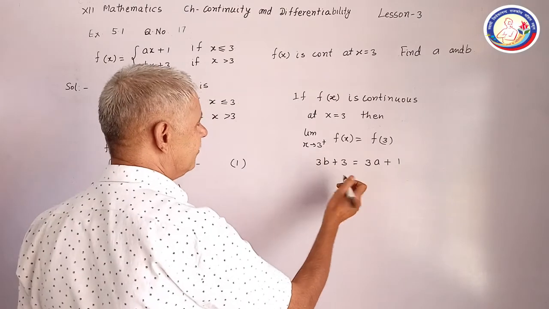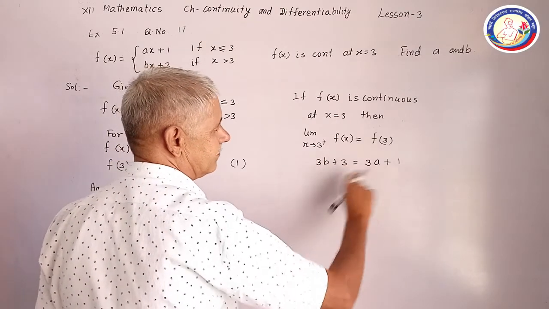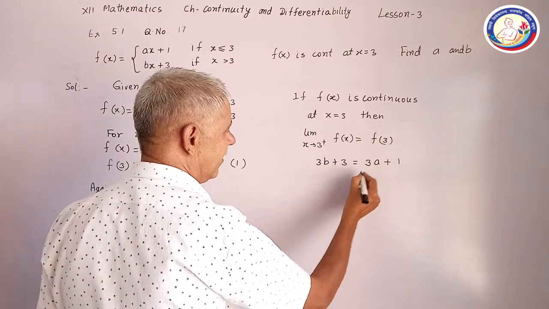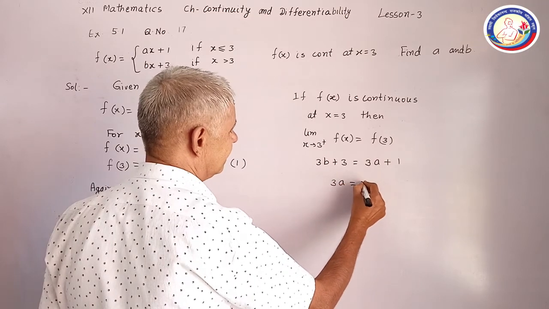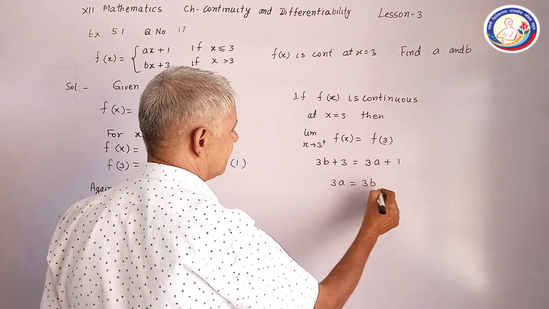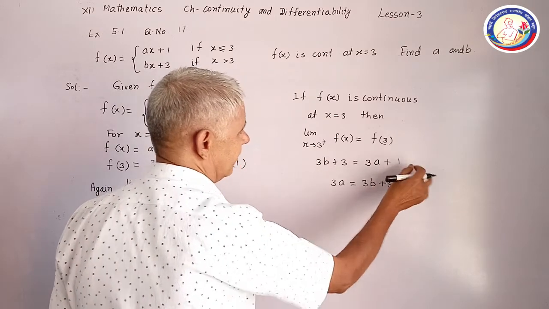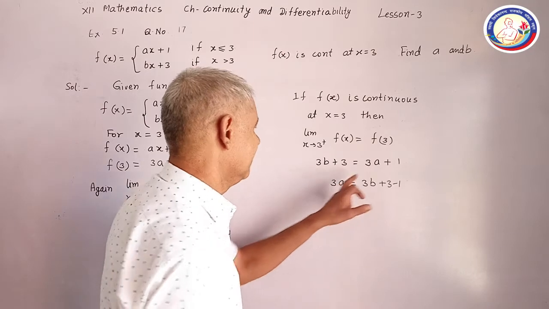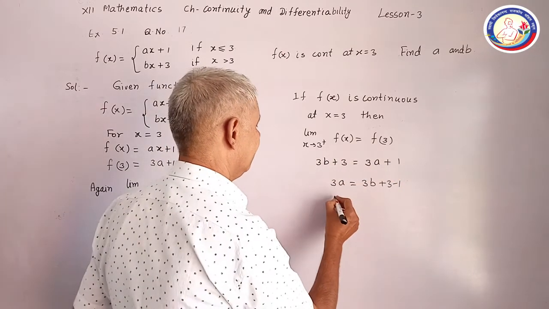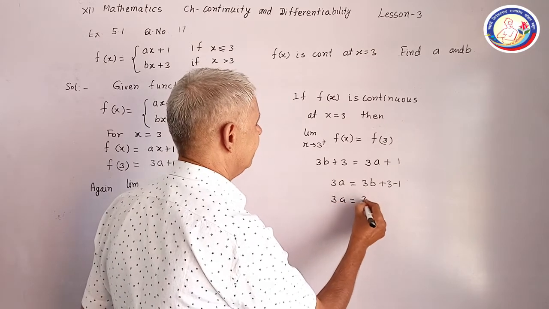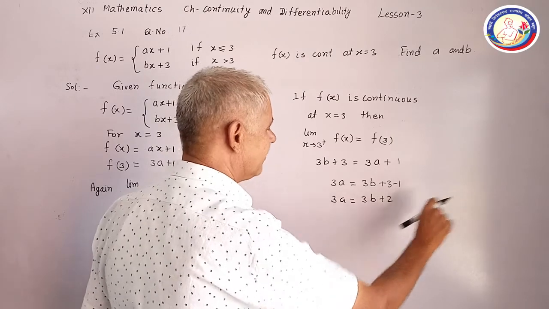So what will we do? We will write it in a simple way. 3a equal to 3b plus 3 minus 1. I have written it directly. That will be 3a equal to 3b plus 2. Now divide all terms by 3.